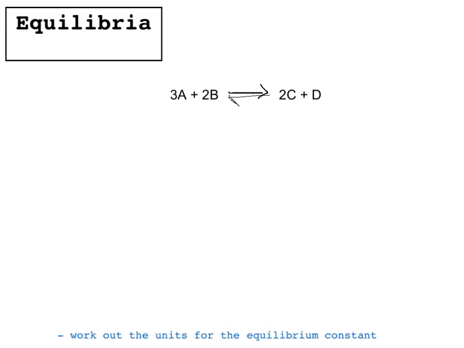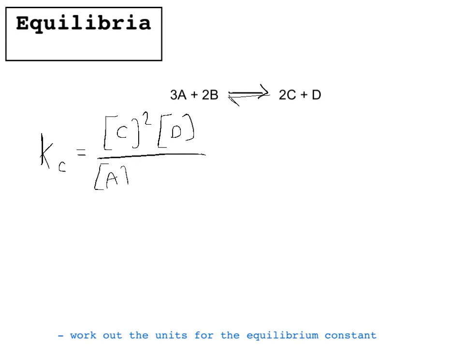So the final thing I'm going to talk about in this video is working out the units for Kc, which often you'll need to be able to do. Here we've got another example of a generic equilibrium. So we're just going to write out what Kc is again. Kc equals the concentration of C squared times the concentration of D over the concentration of A cubed times the concentration of B squared. Now, in order to work out the units, we've got to think about what's happening with the units for these concentrations.